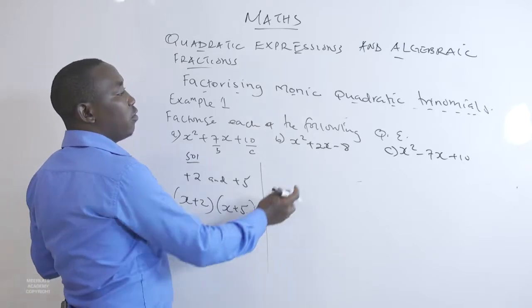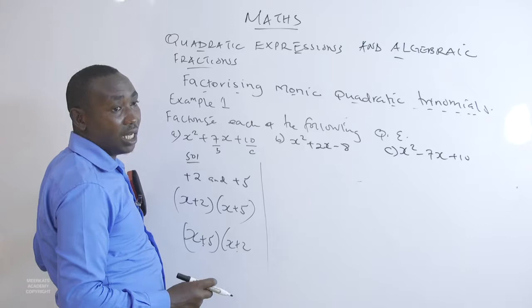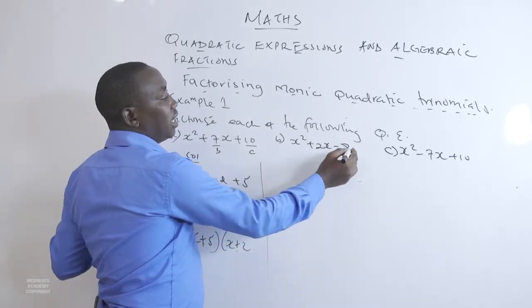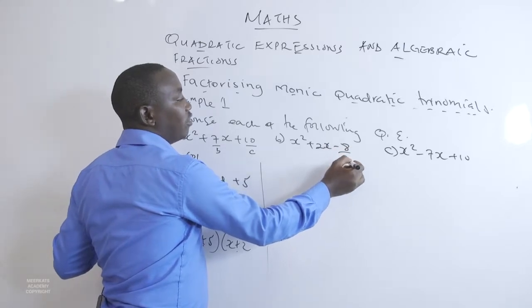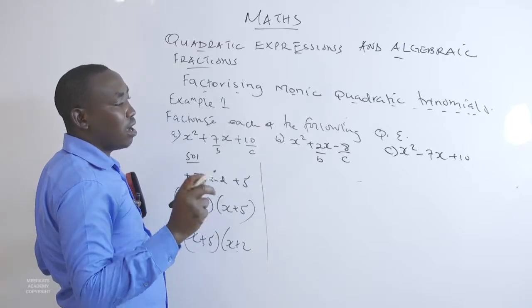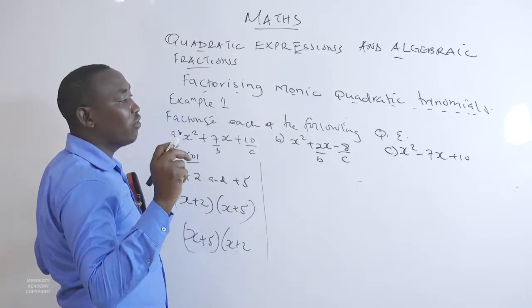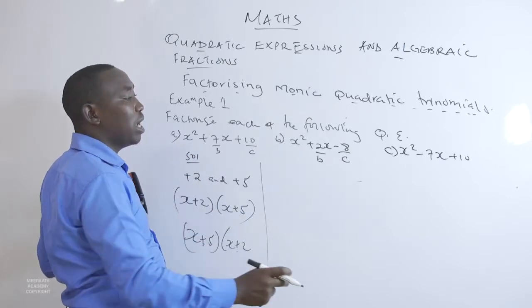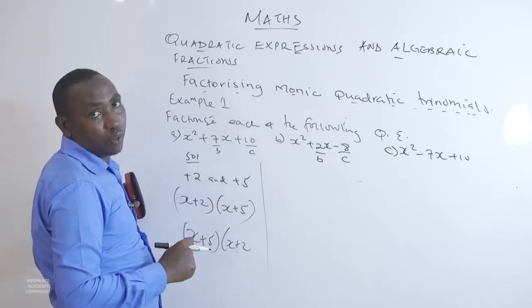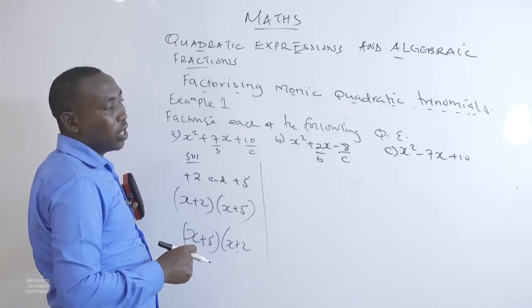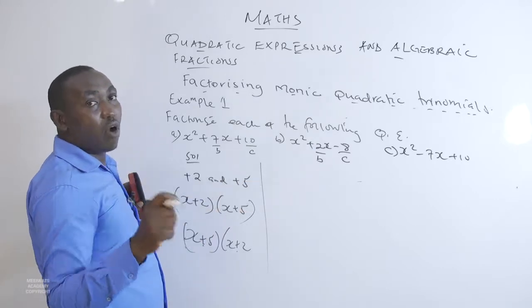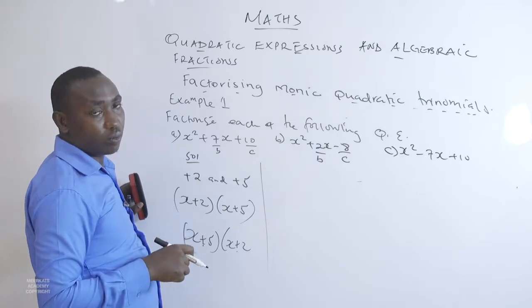In part B, we have x squared plus 2x subtract 8. In this particular case, you can see that our c is a negative number and our b is 2. So we need to look for two factors such that when multiplied they give us negative 8, and when added give us positive 2. You'll discover that these two numbers are positive 4 and negative 2.